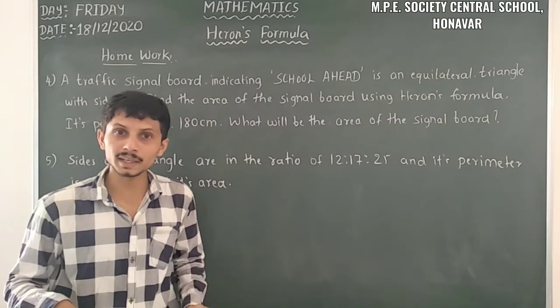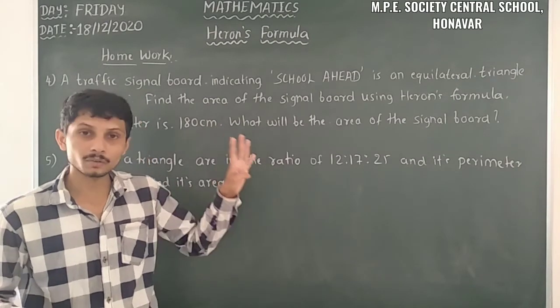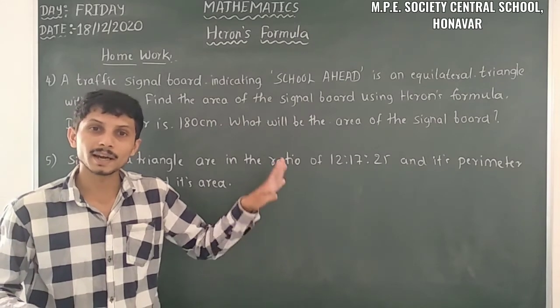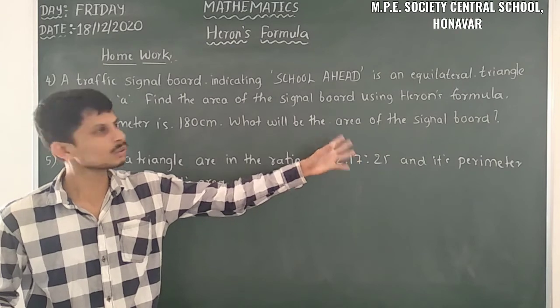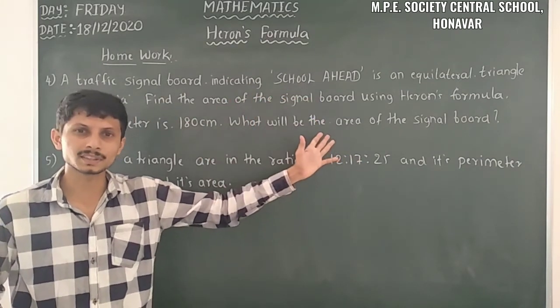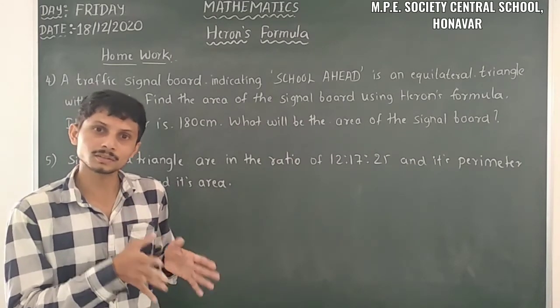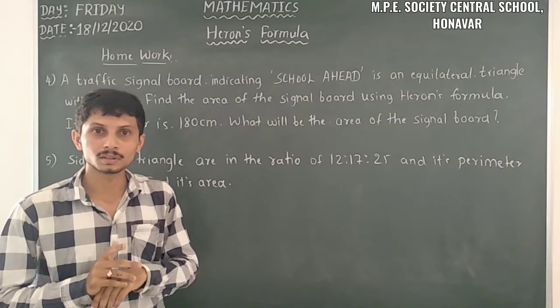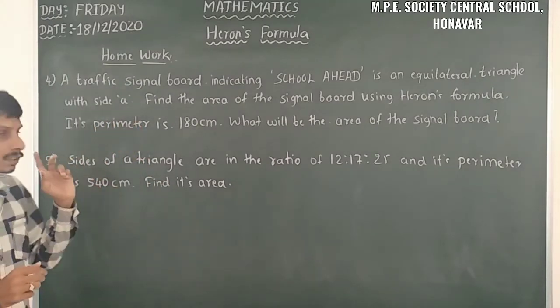Using perimeter you can find out the value of s, and then all the other sides you have. So don't bother about school ahead and the traffic signal. Just focus on what we want here.